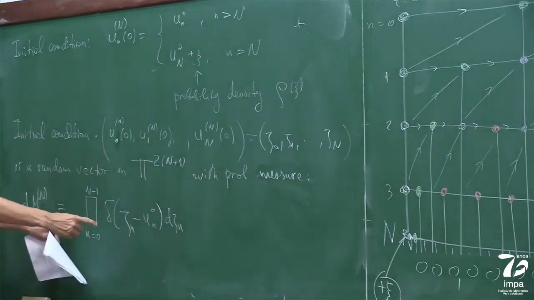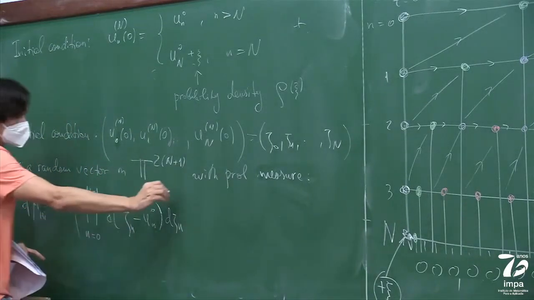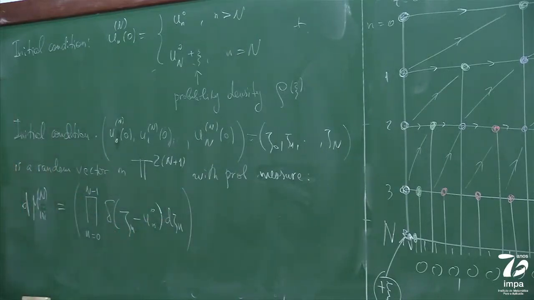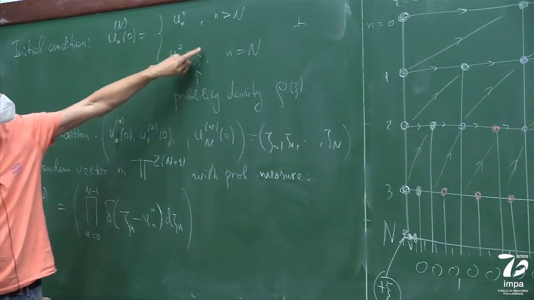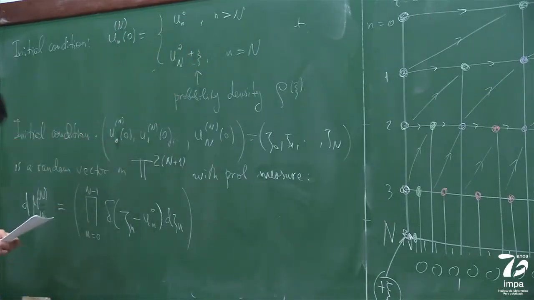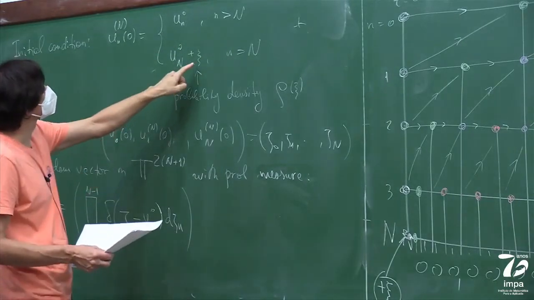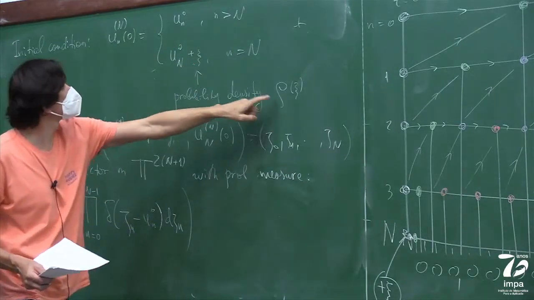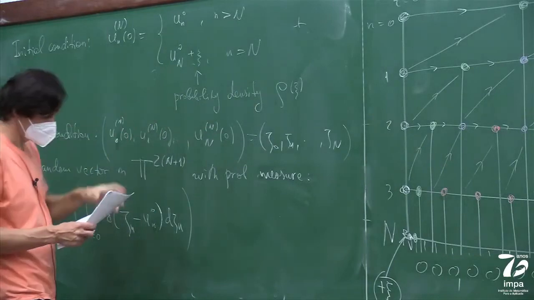So this is just a product of the delta functions, which gives a measure which is concentrated on fixed values. And then we have a distributed value because this is a random number. And how do you do it, you have to take this density but shift it to this value.